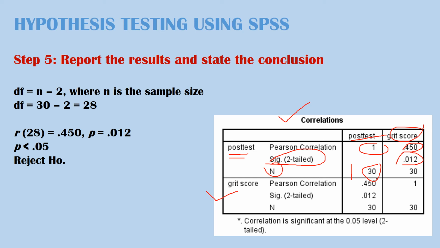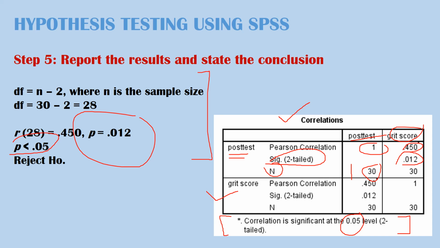Okay, now if you can see here, this is actually the result of the correlation test. And it says here that the correlation is significant at 0.05 level. That is because our p-value is 0.012, which is less than 0.05.